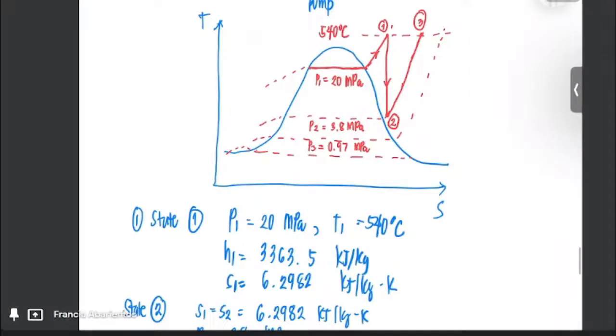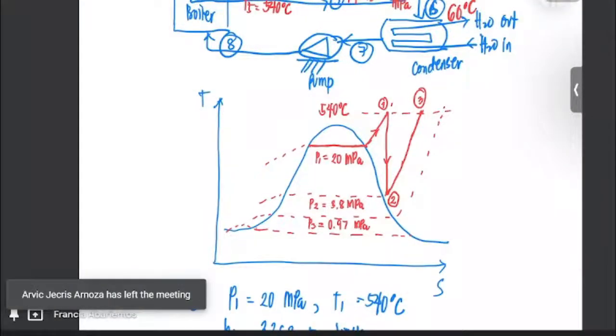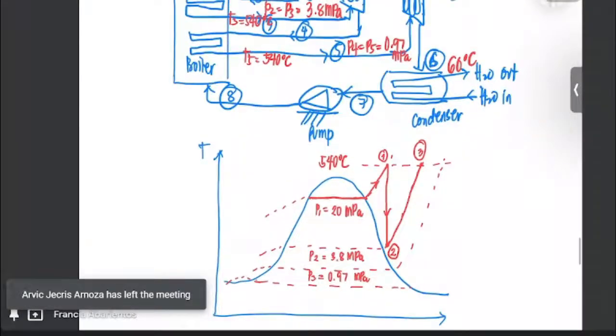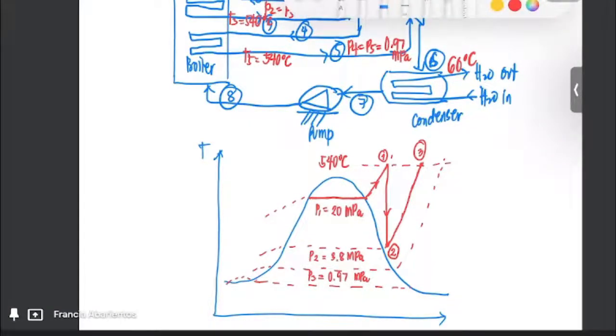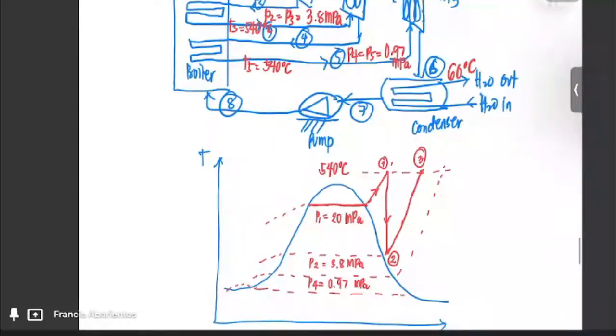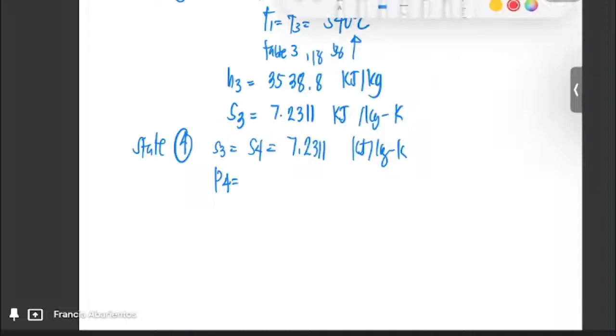Yes? Bakit pressure 3 nilagay ko dito? Oh, mali ako dito, class. This is pressure 4. Ayan. So, 4 to 5. Ayan. Pressure 4 is 0.97 MPa.